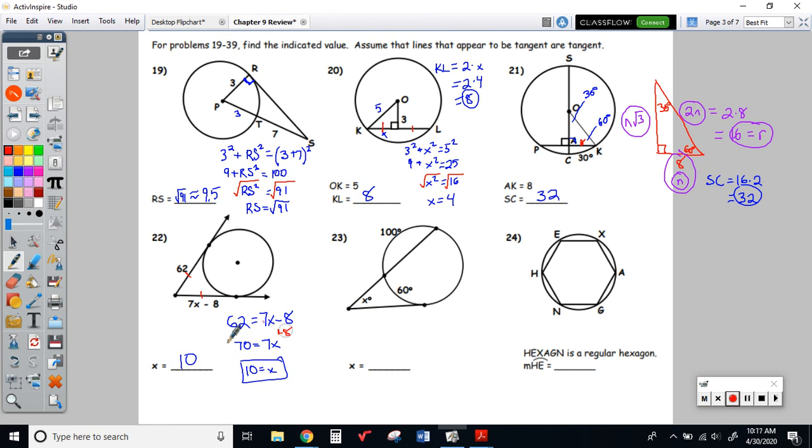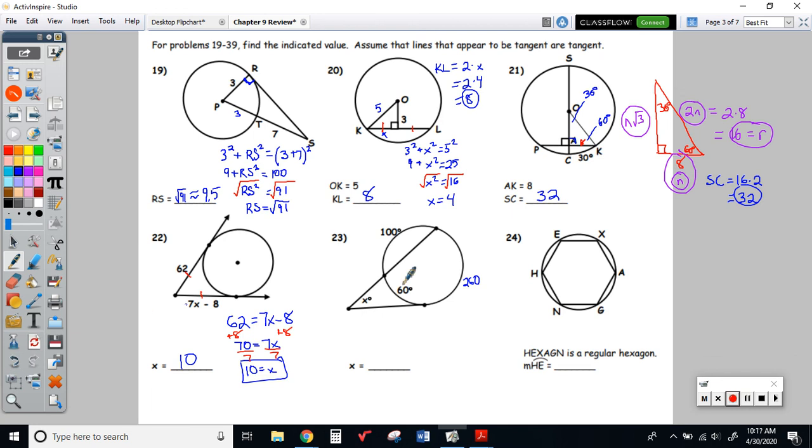I suppose I should write this in for those that find it helpful. So we have then on this one, now it's looking a little different than what we had so far. This was a different theorem that we learned. This being 100 degrees right there means that from here to here would be 260 degrees.